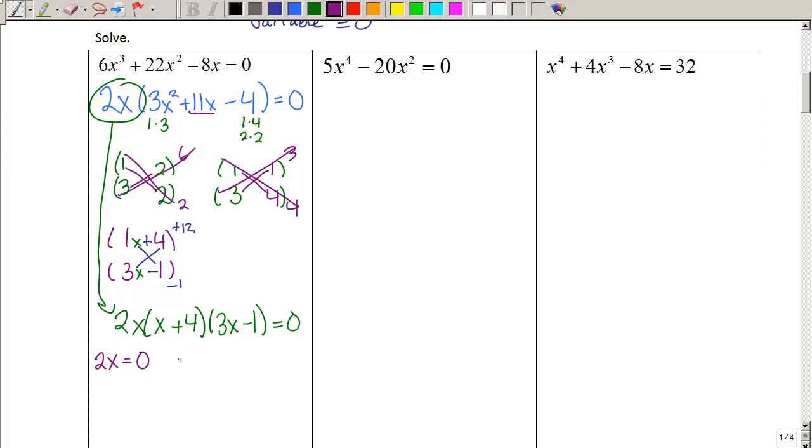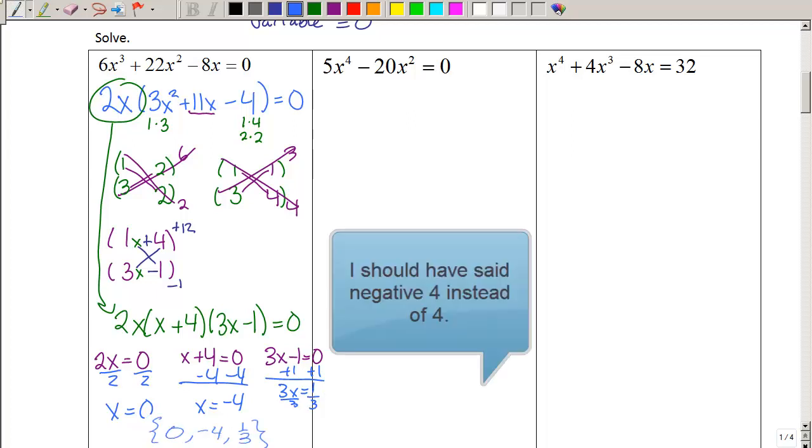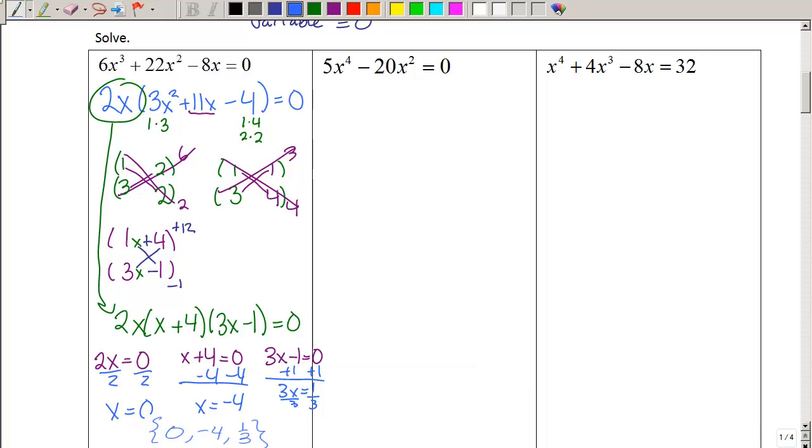Each of these factors does have a variable in it, so all 3 of my factors are going to be set equal to 0 and solved. My solution set is 0, 4, and positive 1/3.